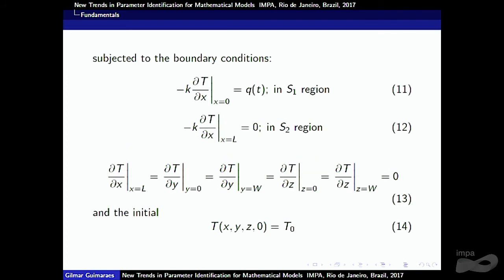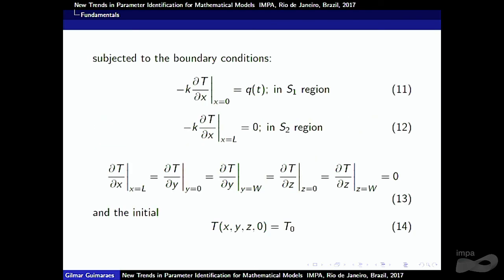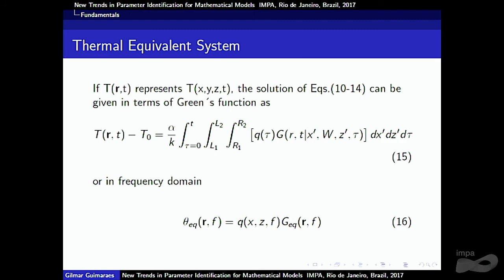If all the boundary conditions are isolated, but just the heat flux on the specific region, and with an initial temperature, we can solve this equation with this boundary condition using the Green's functions method. So we can obtain the solution just in function of the Green's function and the input, that in this case is the heat flux.